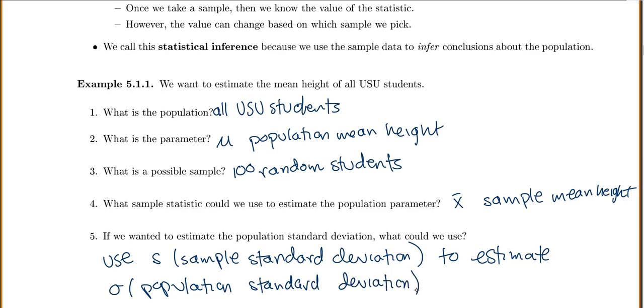So that makes sense, right? Like we'd use our sample mean height to estimate our population mean height, or we'd use our sample standard deviation to estimate our population standard deviation, things like that.